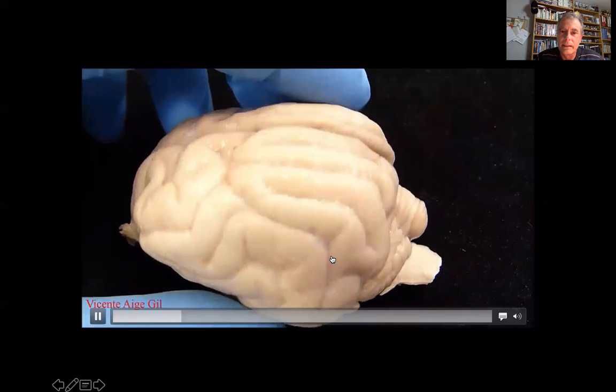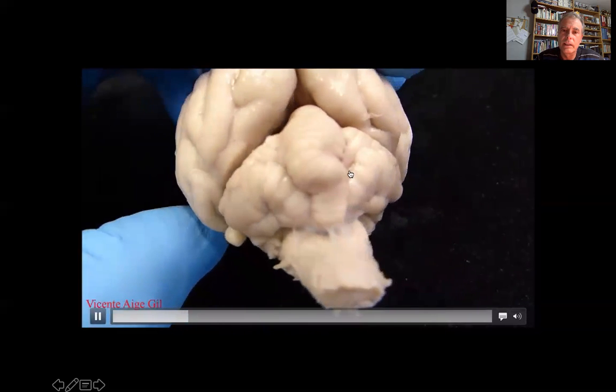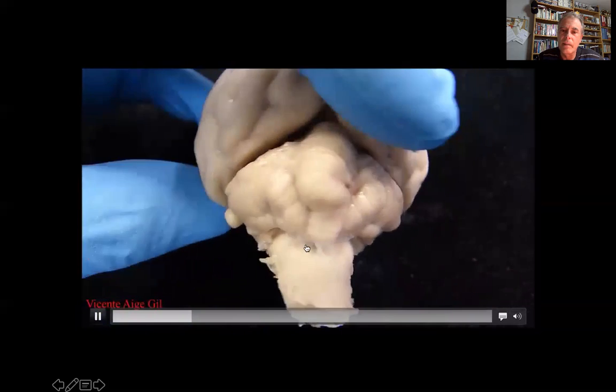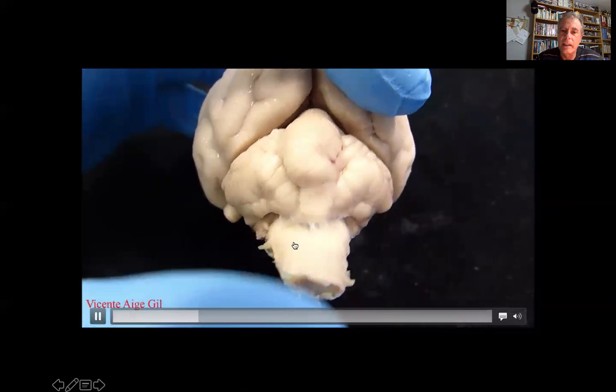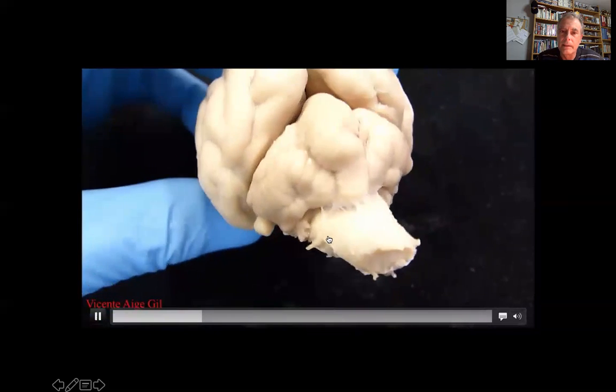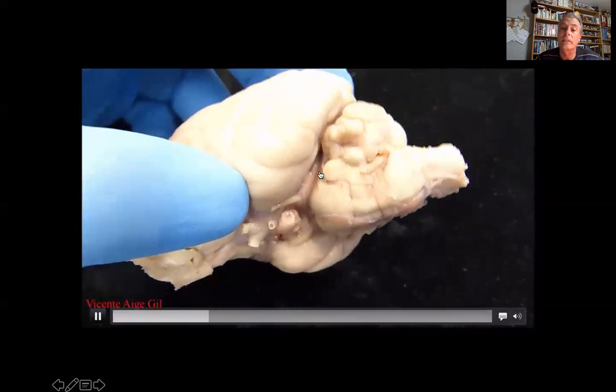All right. With all the gyri, the occipital cortex, the cerebellum, and the cisterna magna there. You see, this is the cisterna magna. This encephalon has no dura, but has arachnoid.